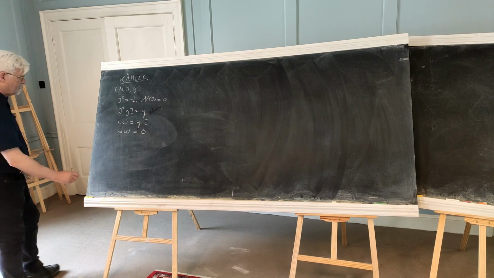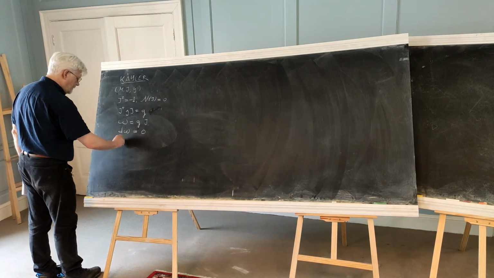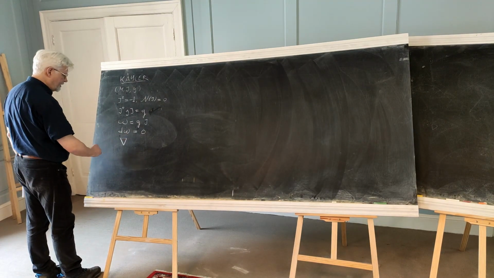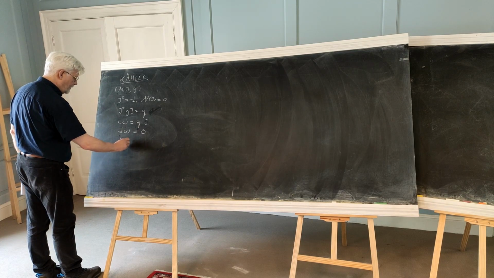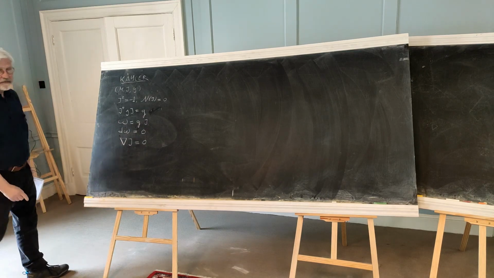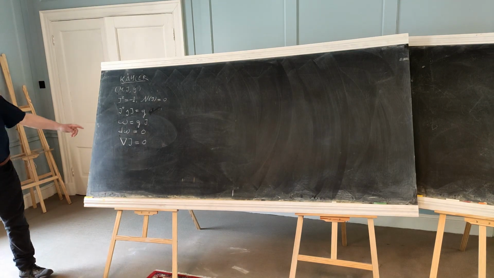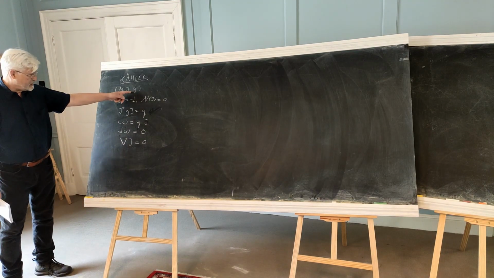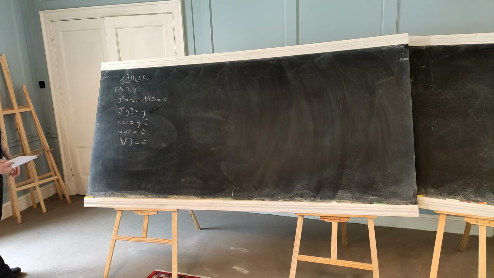And what else can I say? There's also that the covariant derivative of J is 0, where this is the covariant derivative with respect to the Levi-Civita connection for this G. Okay, right, so we can also go to canonical coordinates.